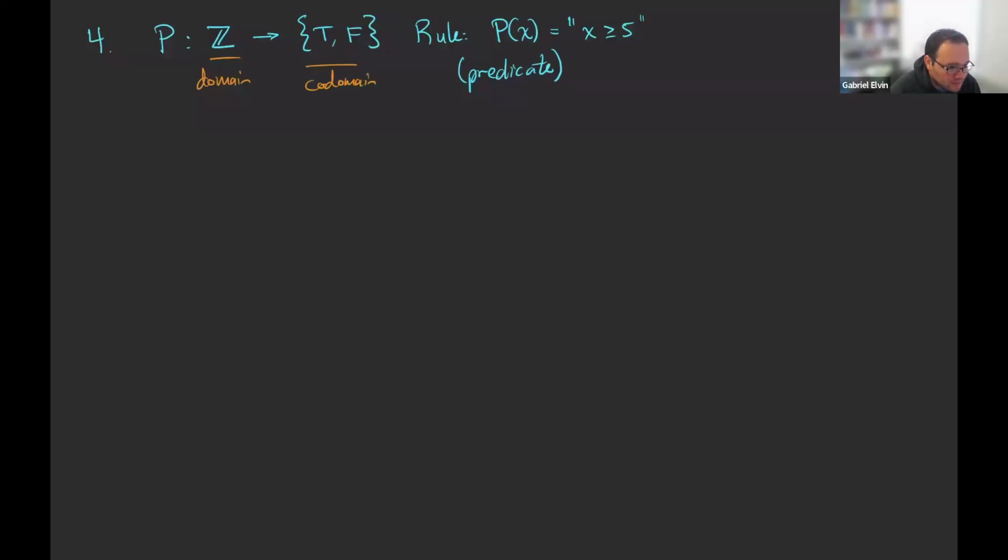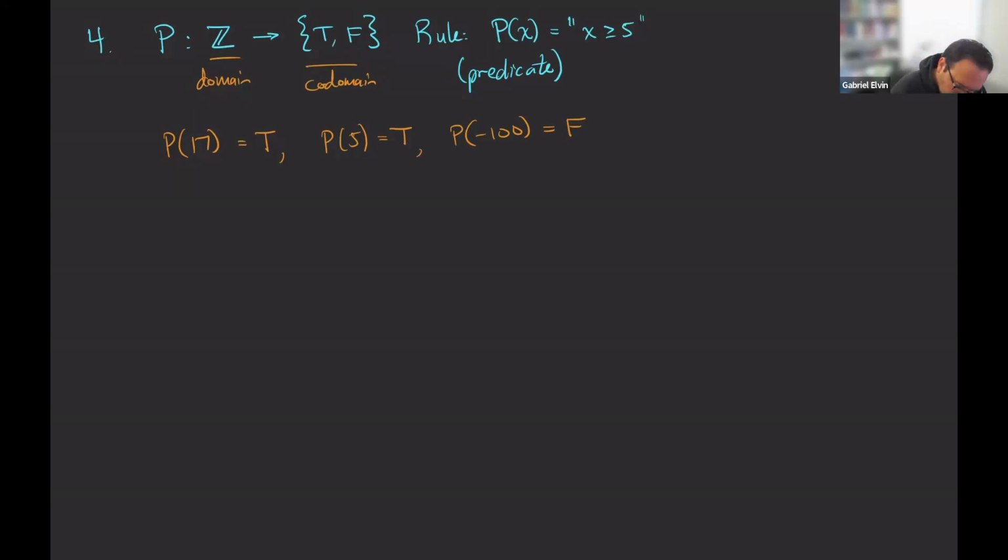So, some examples here, right? P of 17 is equal to true, because that's at least 5. P of 5, also true. 5 is at least 5. But P of negative 100, that's false. Okay.